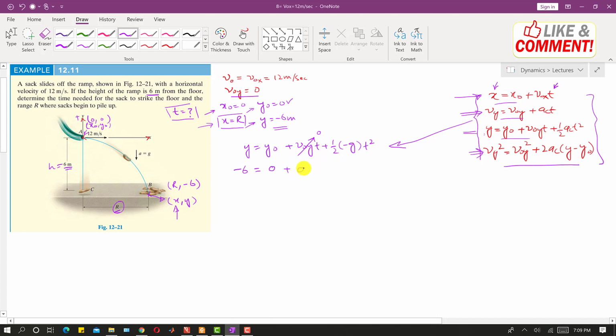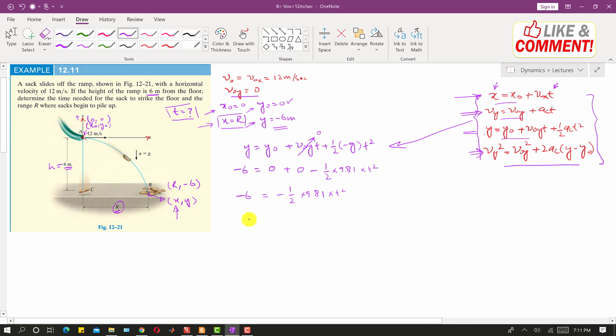So this becomes minus 1 divided by 2 into 9.81 into t squared. This means that minus 6 is equal to minus 1 by 2 into 9.81 into t squared.